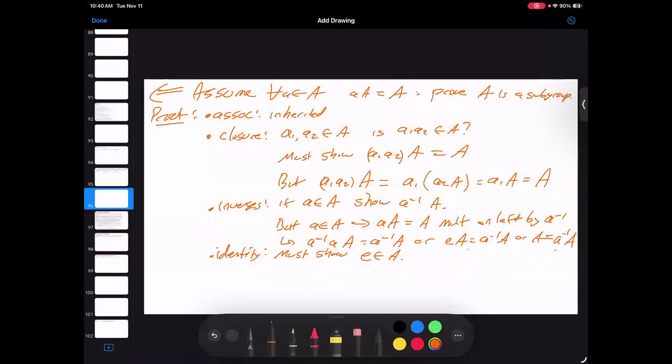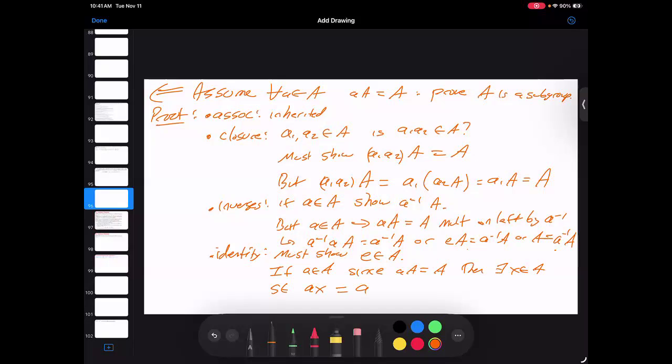So if little a is in big A, since little a big A equals big A, then there exists an x in A such that a times x equals a.